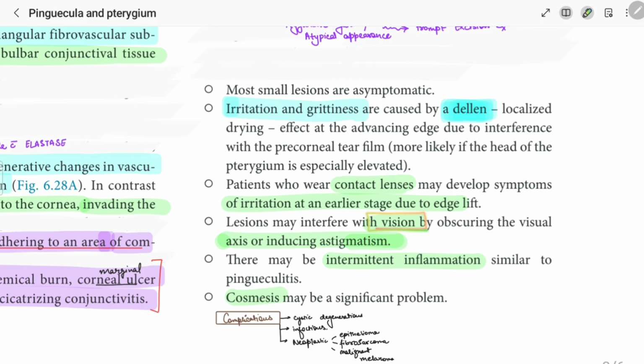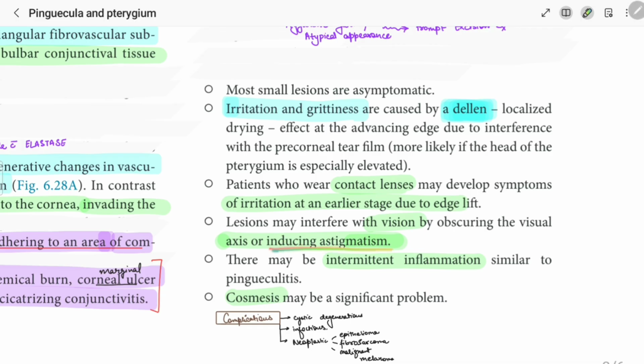The main problem with pterygium, especially aggressive pterygium, is that it can cause obstruction of vision due to encroaching upon the visual axis. If the pterygium comes onto the pupillary area, it will obstruct the visual axis and there will be loss of vision.